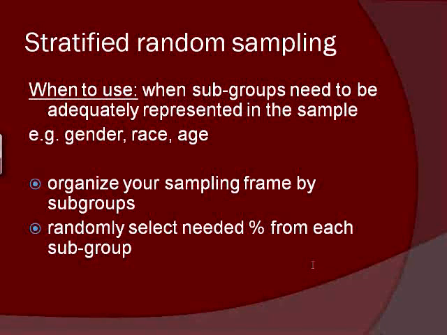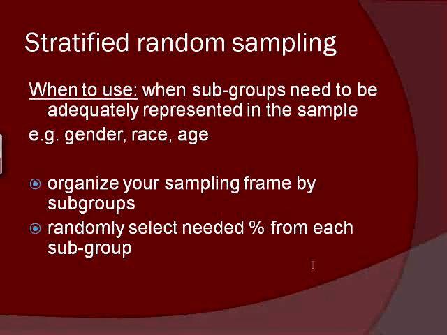We use this method when we again want to select subgroups that we want adequately represented in the sample, such as gender, race, and age. And I already talked earlier in this video, sometimes, for instance, during political research, the researcher really wants the different gender, race, and age groups to be adequately represented in the sample so that the different political views of people are reflected.